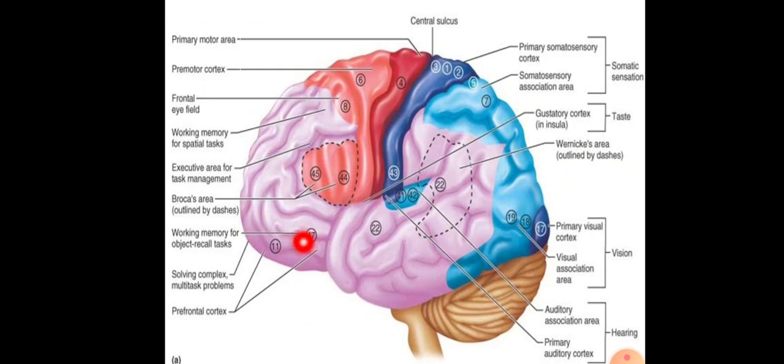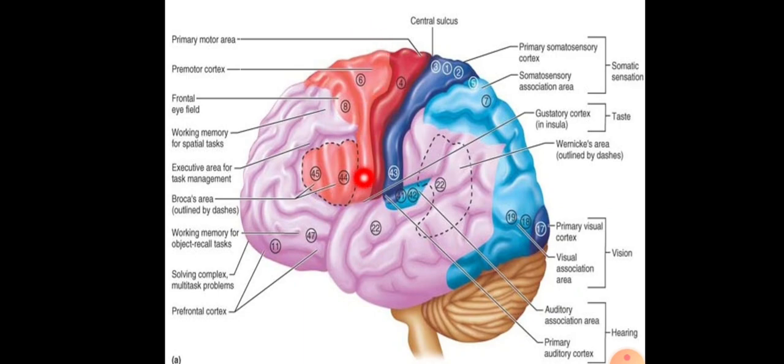For example, this one is the prefrontal cortex, which is responsible for make-up of individual personality. And here is primary. This one is the primary motor area. البرايمري موتور اريا قلنا مسؤولة من تنفيذ الحركة.